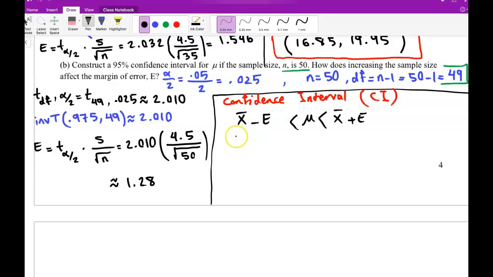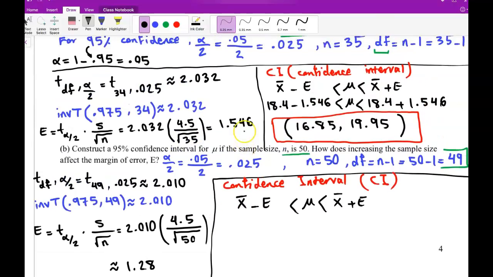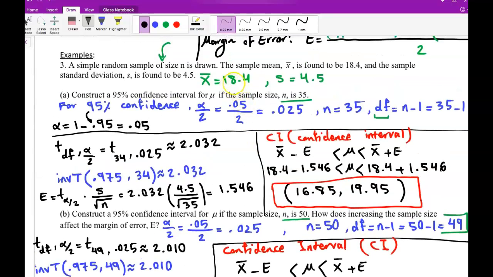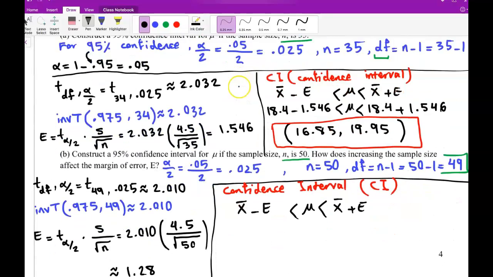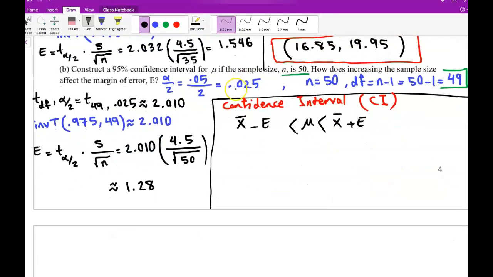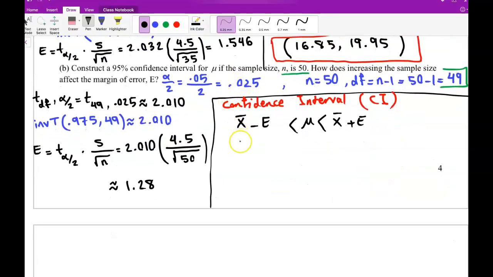And x bar is 18.4. So this was given on this part, 18.4. Minus error is 1.28.